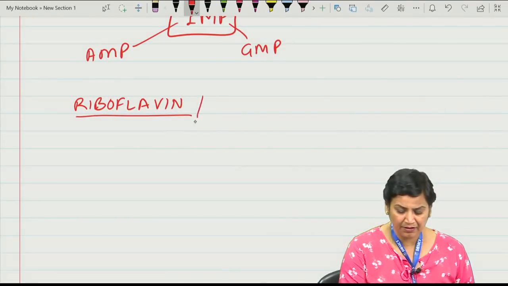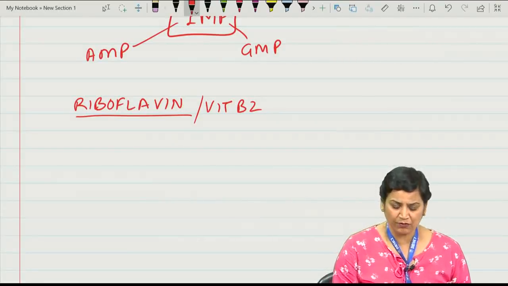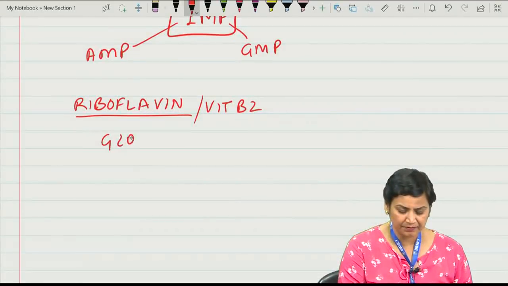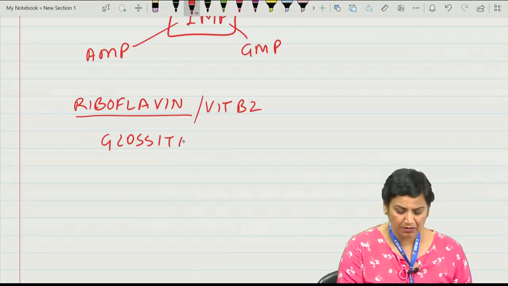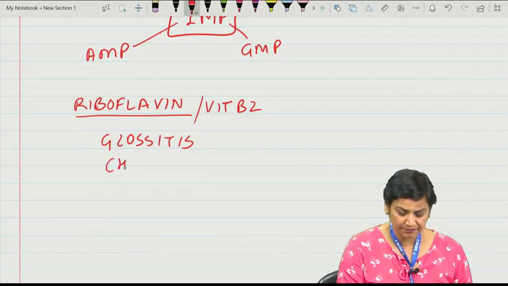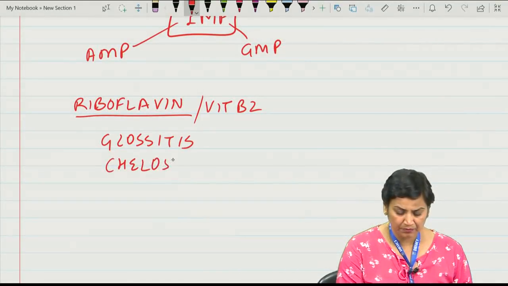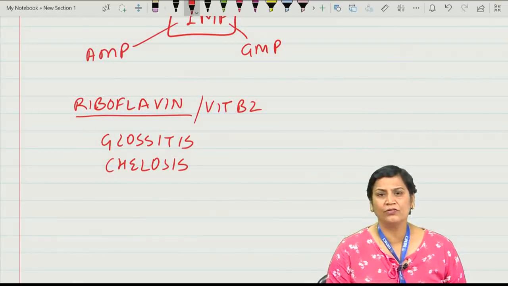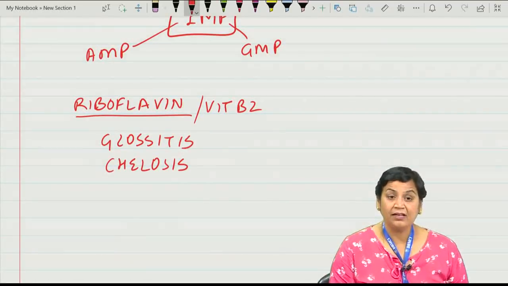Deficiency of riboflavin leads to glossitis, cheilosis, the color of the tongue changes.